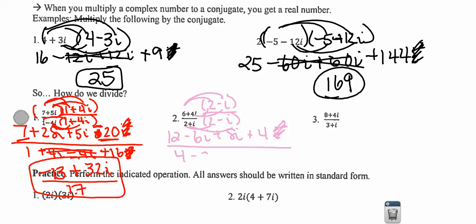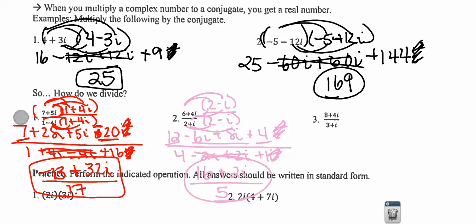I have 4 minus 2i plus 2i minus i squared. That scribbles out and changes, and since I have just a plus, it's going to be plus 1. So I have 12 and 4, which makes 16, and then I have plus 2i all over. My 2i's cancel out. 4 plus 1, that makes 5. So 16 over 5 and 2i over 5, I can't simplify, so I am done.